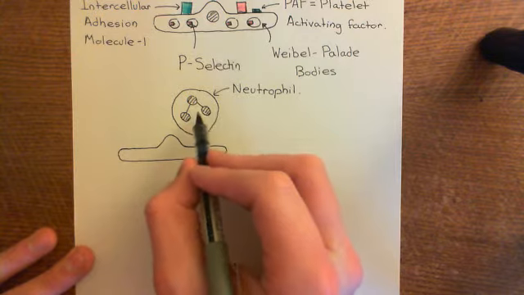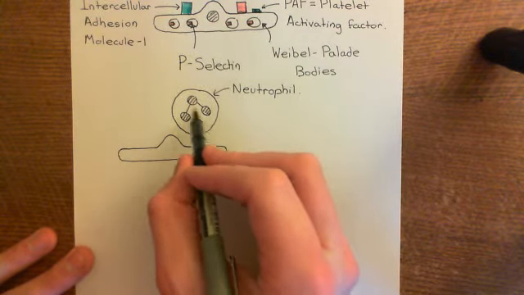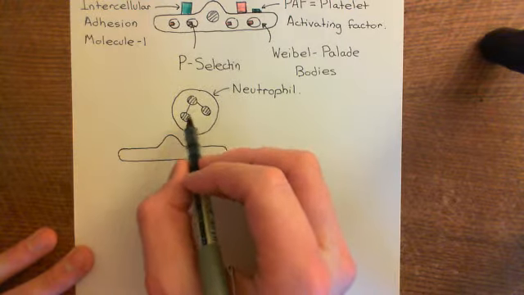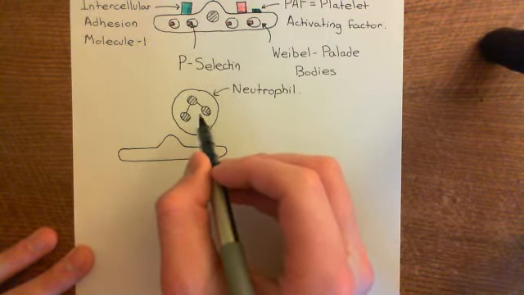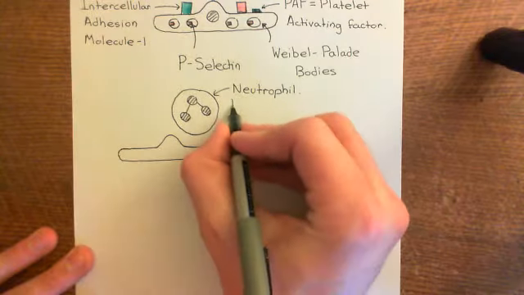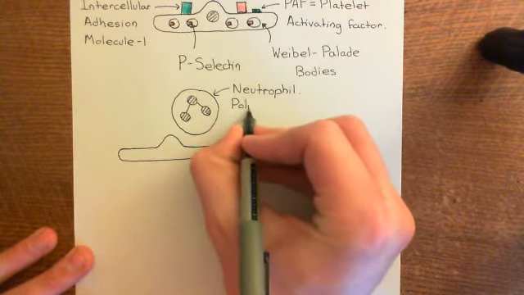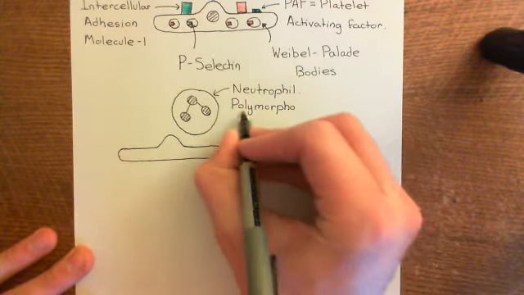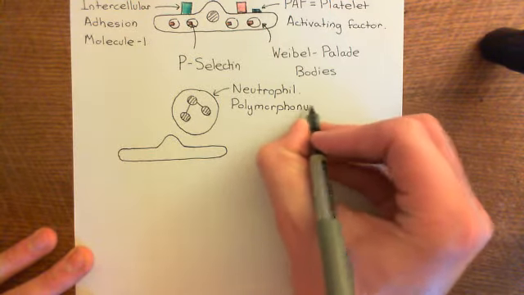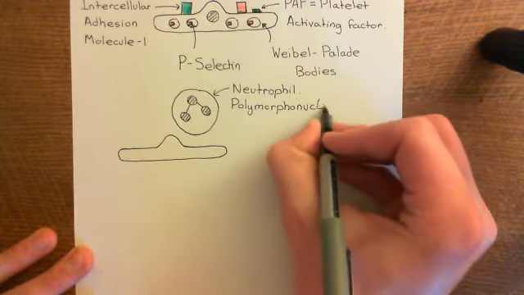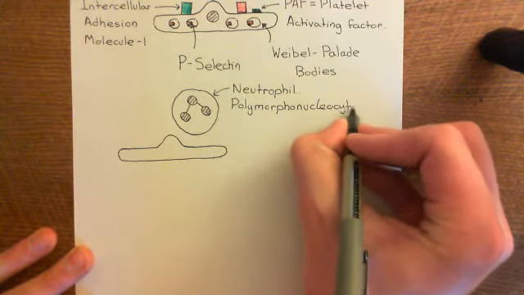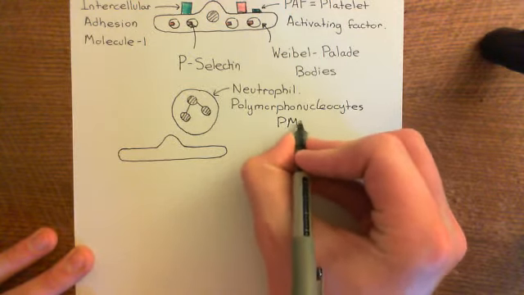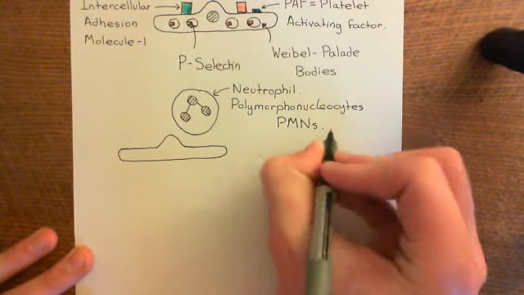Now, the archetypal number for a neutrophil nucleus to have is around 3, which is why I've drawn 3, but you can have them with 4, 5, 6 even, and for that reason they're often known as polymorphonucleocytes, okay, which means many shaped nucleus cells, basically, and the abbreviation for polymorphonucleocytes is PMNs for short.